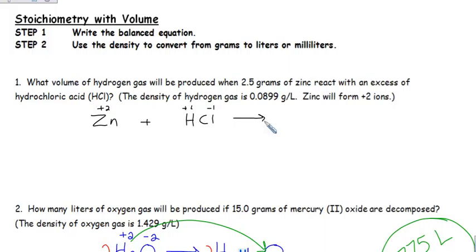So I get that single replacement. We'll kick out hydrogen, and by himself he's diatomic. We'll bring in zinc with chlorine, and then we check those charges. +2, -1, 2 chlorine, and it balances pretty slick, huh? 2 HCl, and we're done.